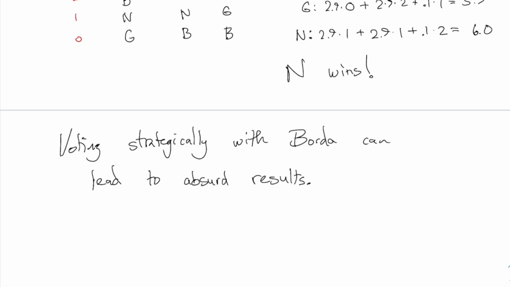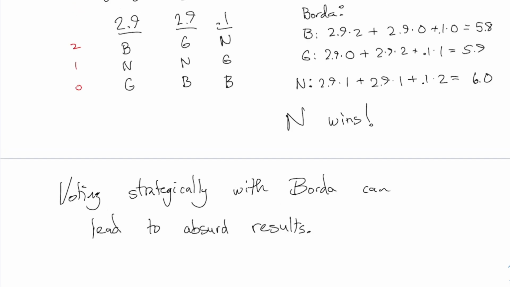Probably the voters in that system individually don't have a lot invested in somebody winning or not, so maybe it doesn't really matter. Although in a real political election, you can bet that these people feel very strongly about the outcome, and they really want to vote in a way which maximizes, they want the most bang for their buck when they go and vote. And so they're gonna strategize. With Borda, you get crazy results.